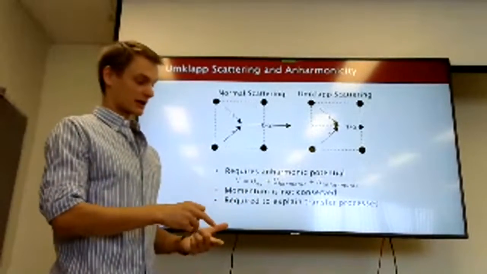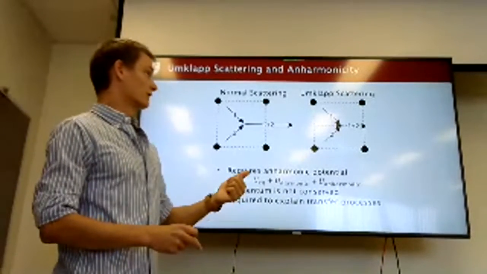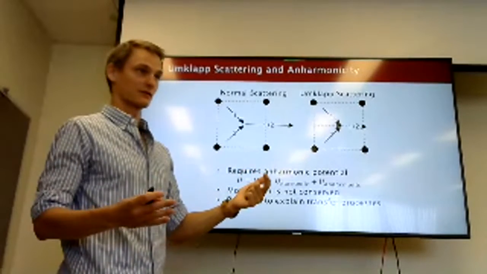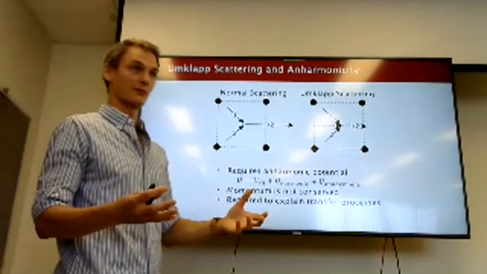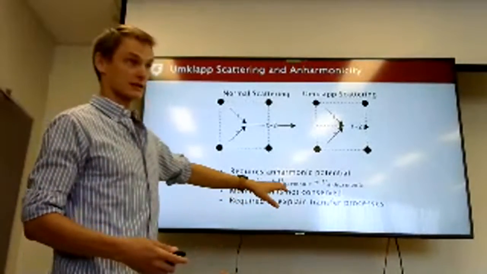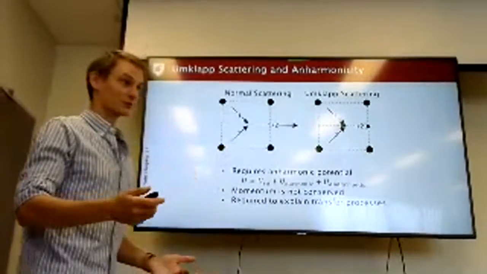That is conserved, but we had to give up momentum conservation. Momentum conservation is like the sacred cow of physics. If we gave that up, we had to get something in return. And what we get in return is that we can explain transfer processes, heat transfer, and basically anything that tries to leave the unit cell.